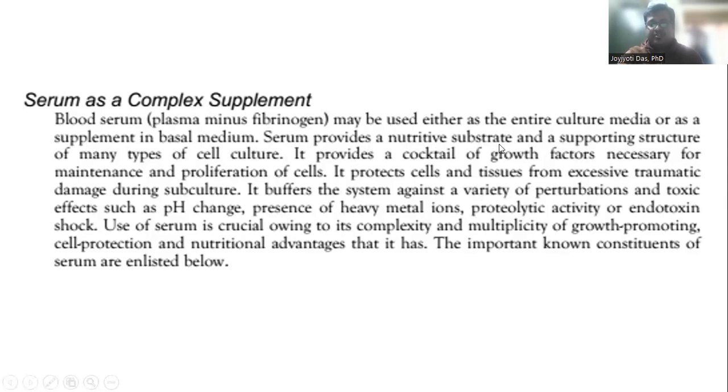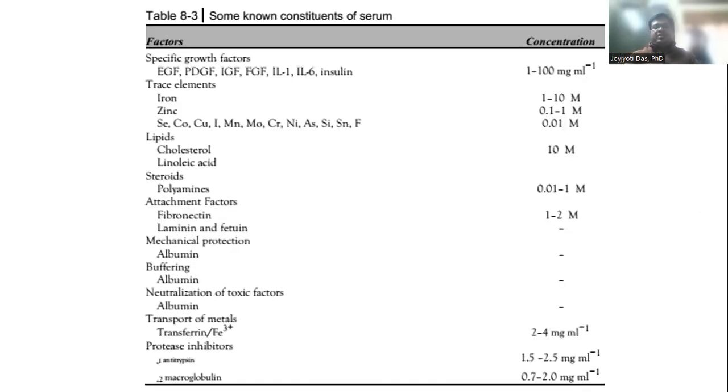Serum provides a nutritive substrate and a supporting structure for many types of cell culture. Most importantly, it contains attachment factors, which help the growth of adherent cells, and we have discussed this before. Now, serum is a biological fluid and it has several constituents. It has growth factors, which are important for cell division.